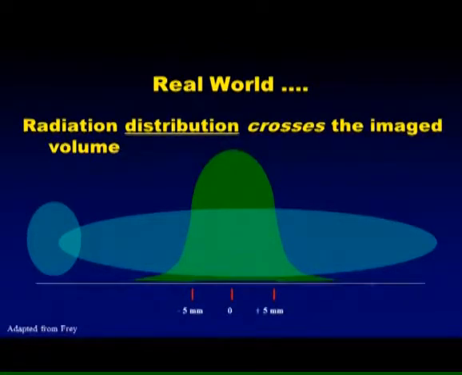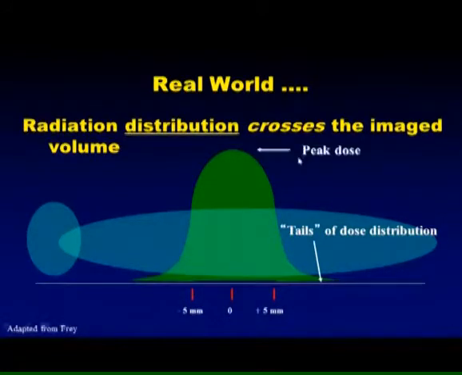All right, so let's look a little bit at some of these standard CT dose indices and kind of review what they mean. In the real world, when we irradiate a patient with a CT scanner, we get a dose distribution as shown here along the z-axis of the patient. We have tails due to scatter, and we have round off of the peak dose, also due to scatter.